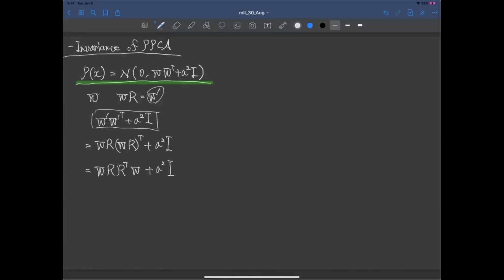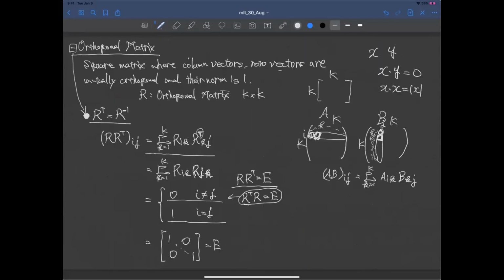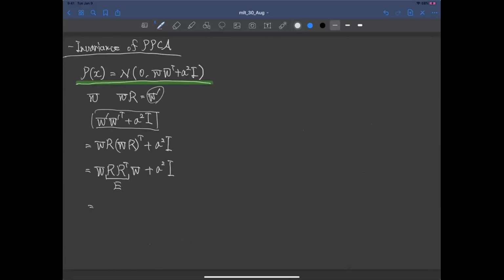So now I just explained this is the identity matrix, right? Because R transpose equals the inverse matrix of R, not the minus. So again, this is the same, W W transpose plus sigma squared times the identity matrix.